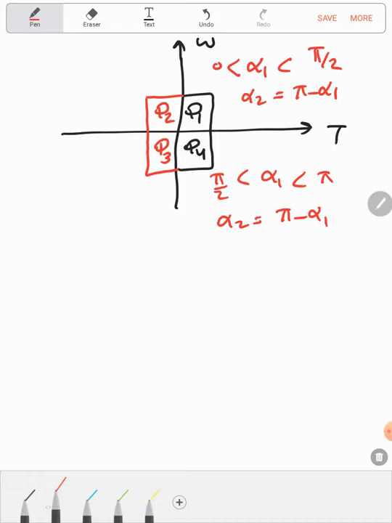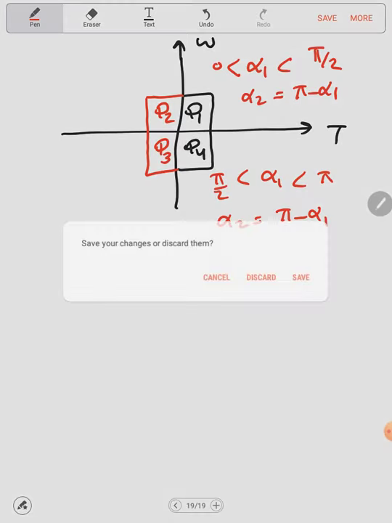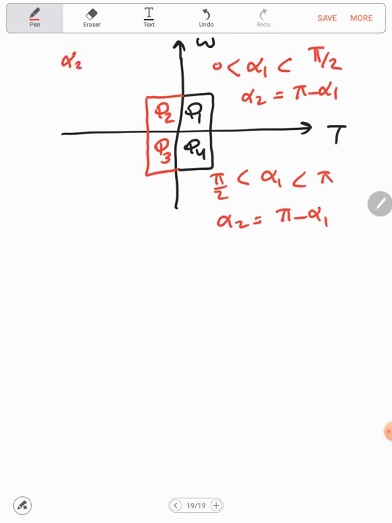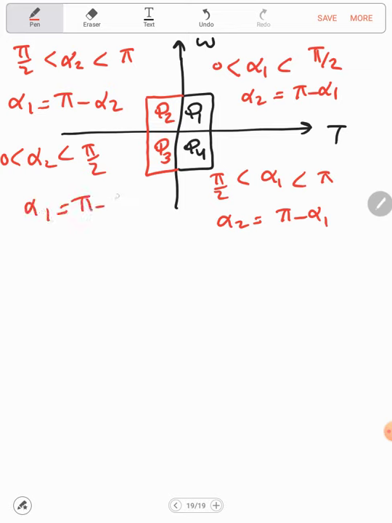For the second converter in Q2 here, alpha 2 is greater than 90 and less than pi, and alpha 1 is equal to pi minus alpha 2. And finally, in Q3, alpha 2 is greater than 0 and less than pi over 2, and alpha 1 is equal to pi minus alpha 2.